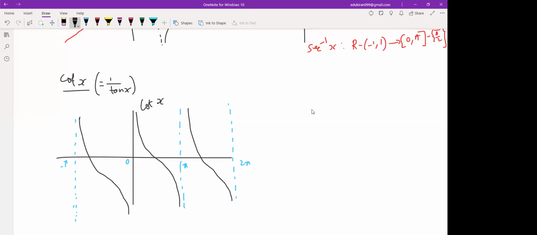Now, if you see the codomain, it is real, so we don't have to do anything in the codomain. But for the domain, if you want to make it one-one, what should be the domain that we should take?